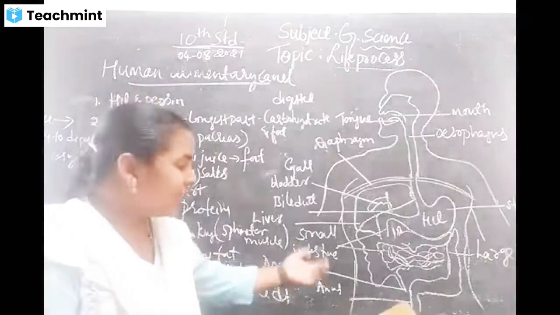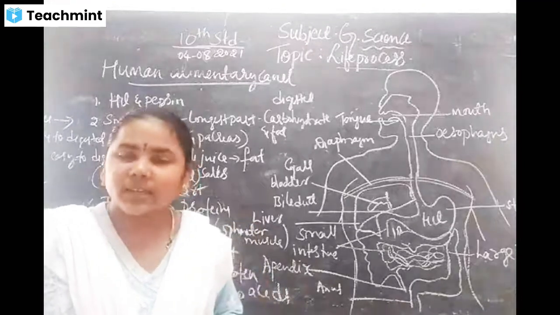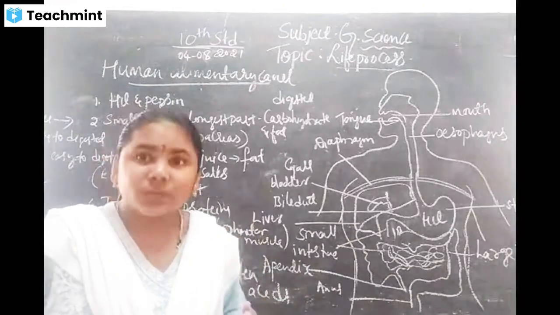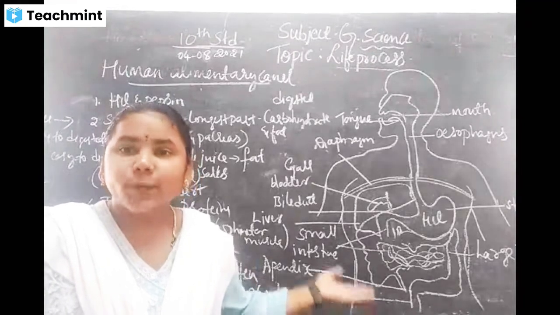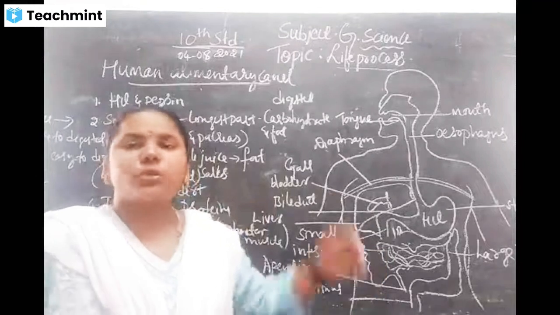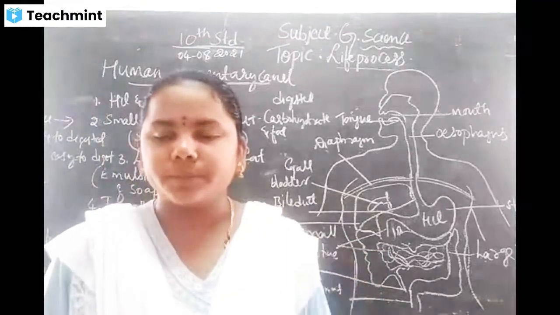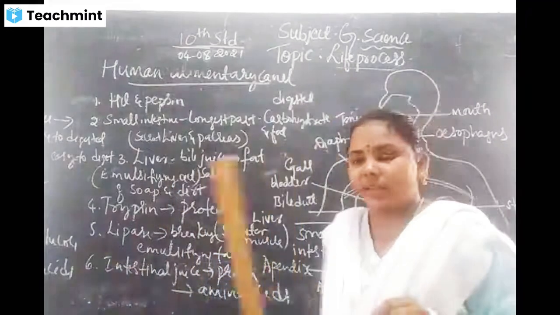And wastes like urea, uric acid and salts are removed with the help of the urinary bladder. We will study that in excretion, and that process is called excretion. This is what you need to understand in digestion.